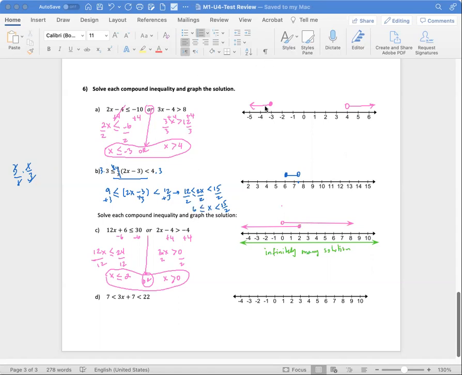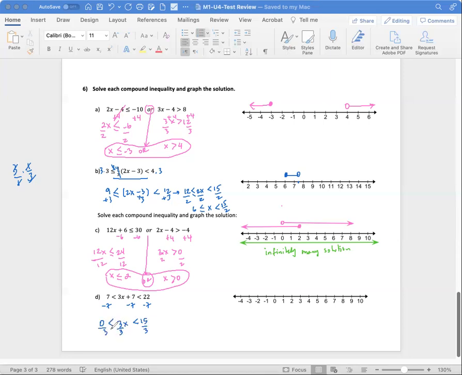Part D, last part here, you subtract 7 from all three sides. Careful with the subtraction from all three sides. This 7 minus 7 is 0, which you write down. Copy the inequality sign. 3x less than 22 minus 7 is 15. Then you divide all three sides by 3.